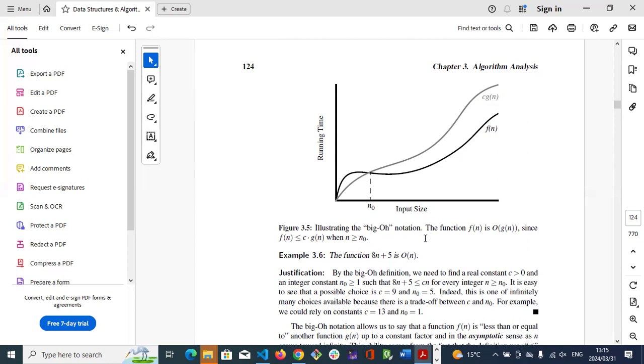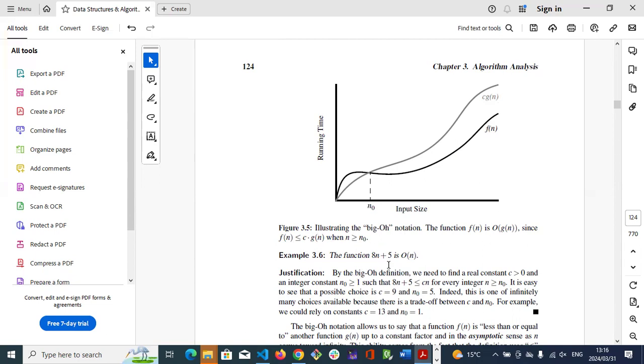In the illustration of the Big O notation, the function f of n is Big O of g of n, since f of n is less than or equal to c times g of n when n is greater than or equal to n sub 0. Because you see this line goes under, and is lower than, c times g of n.